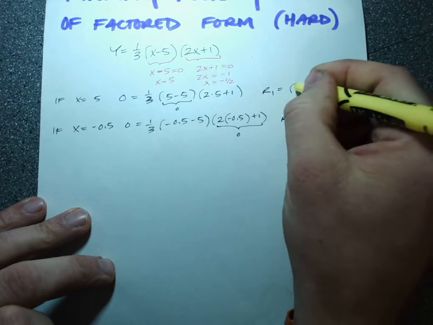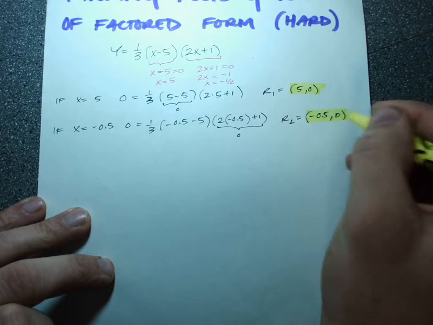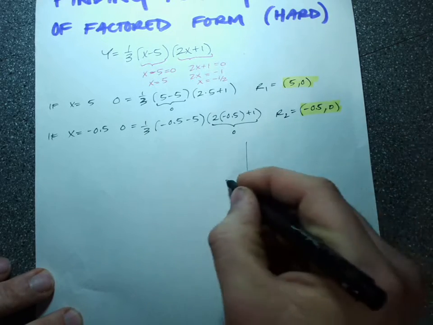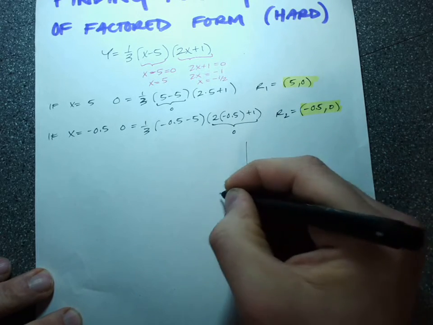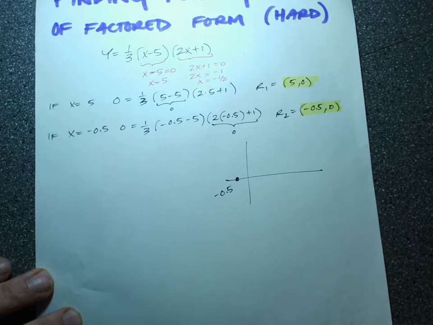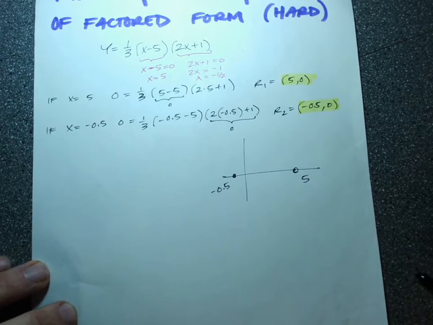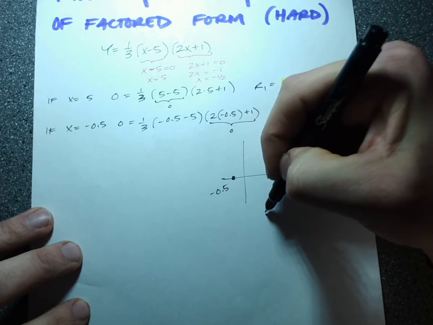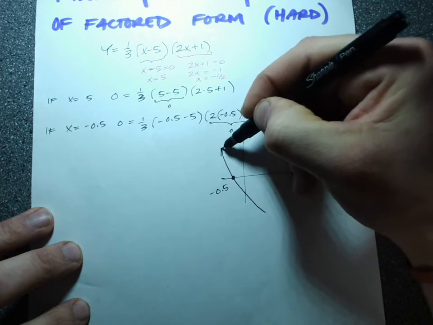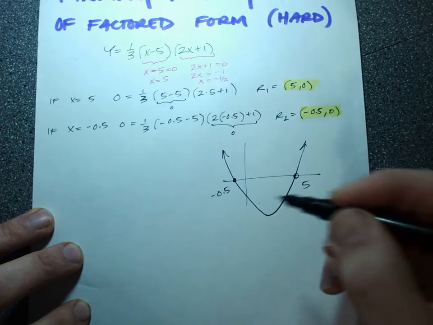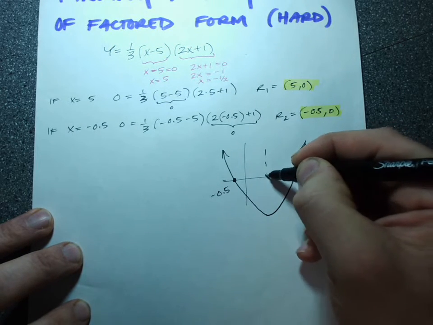The vertex is next, and that is found in the middle of those two places. Now, just to get an idea of what to expect, I'll make a little sketch here. I'll call negative 0.5 that spot, and I'll just say this is going to be 5, and I'll make a sketch of what that's going to look like. All right, middle is here.